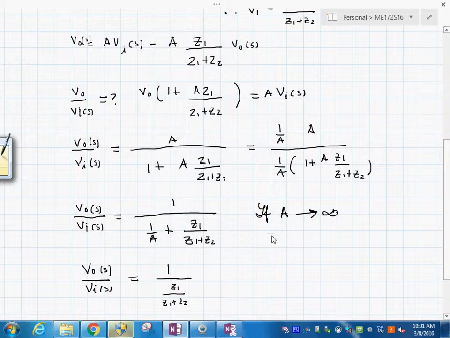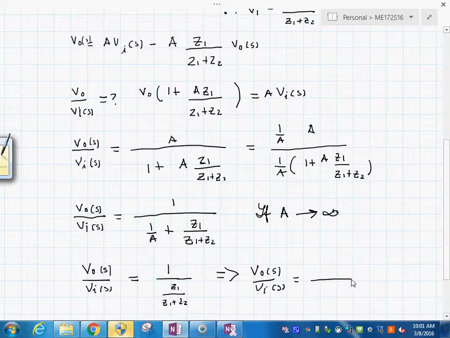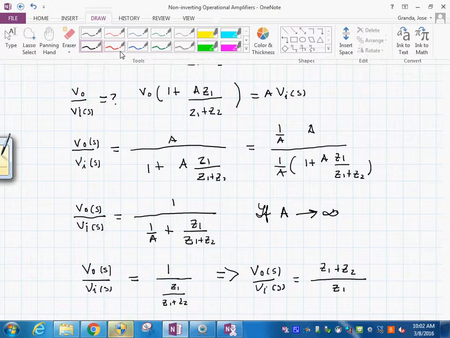So this is the transfer function of this operational amplifier that relates this voltage on this side over here to this voltage.